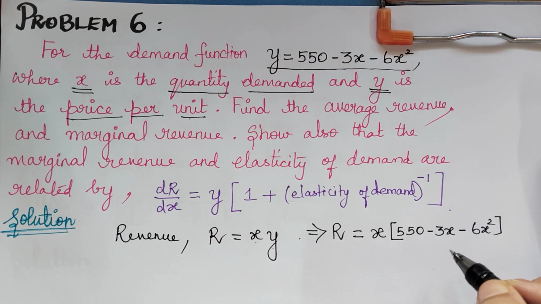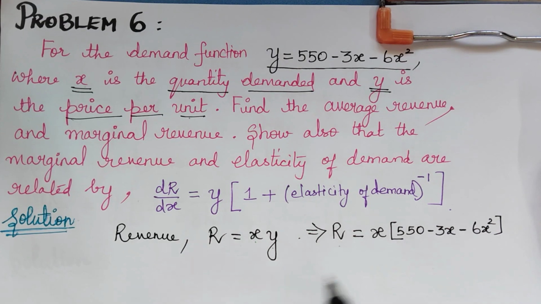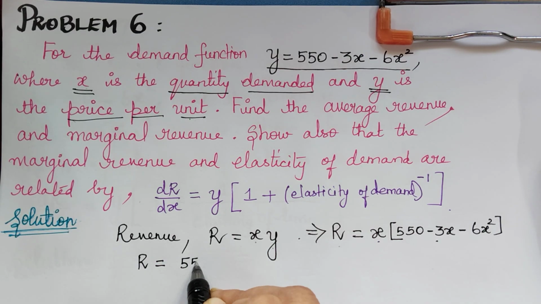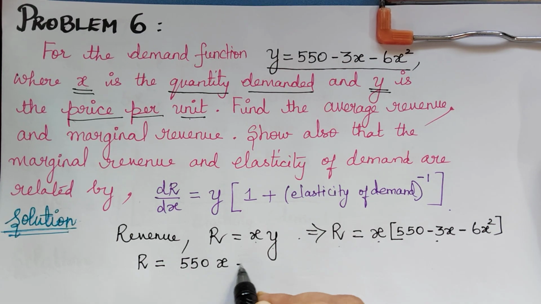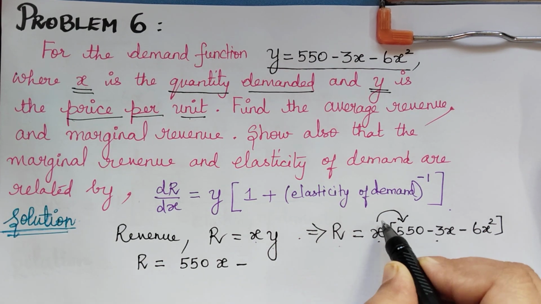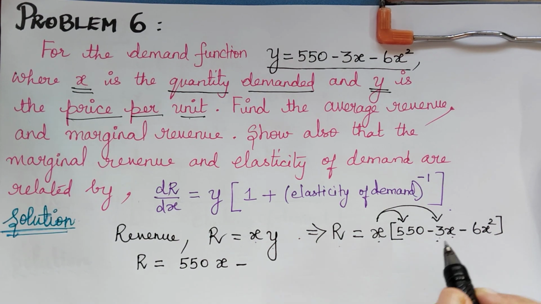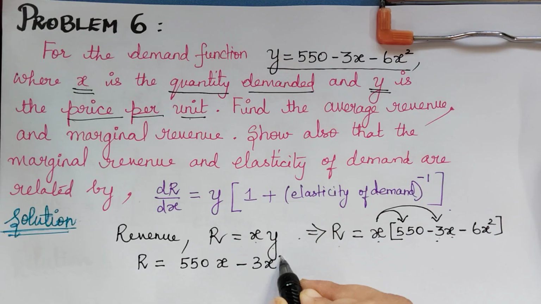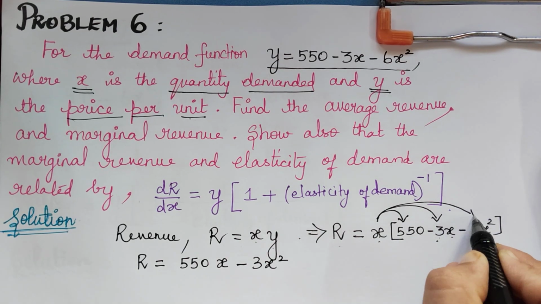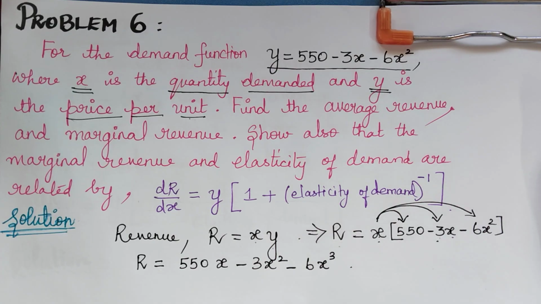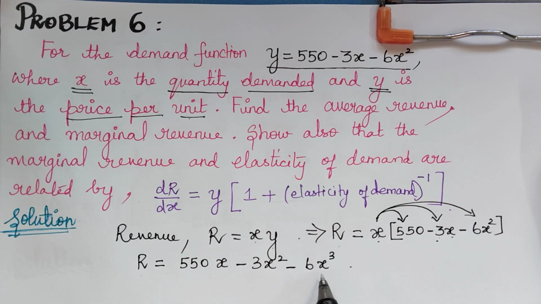So this is our capital R. So now let us multiply this x within so that R will be equal to 550x minus 3 multiplied with x square, and then x has to be multiplied with this term, which gives us minus 6x cube. So therefore the revenue R is equal to this.